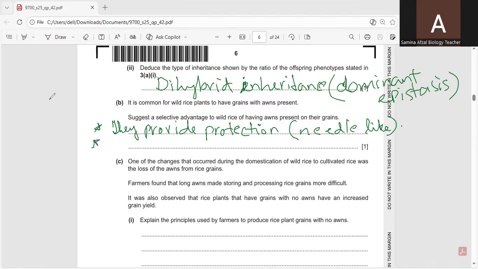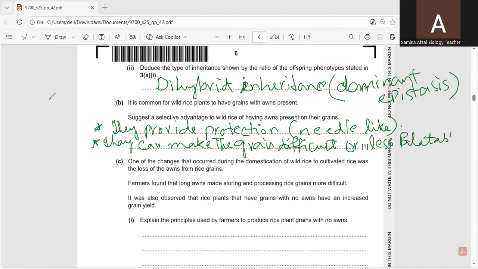And second point can be that they can make the grain difficult or less palatable for animals.